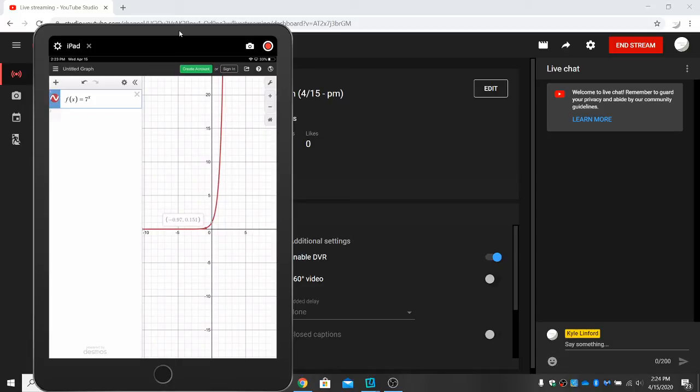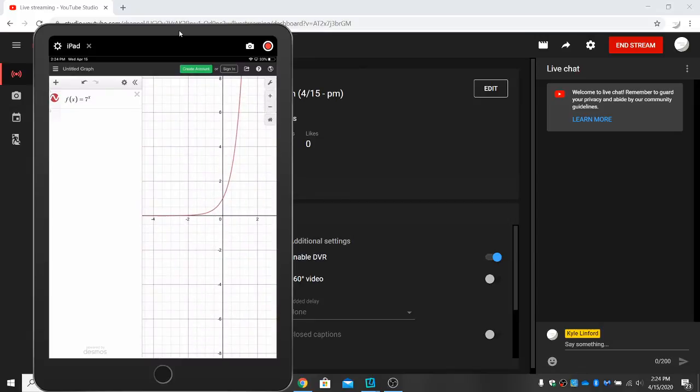Let's see. It's right about 0.143. Let me see if I can zoom in a little. Maybe that'll help. But really, we should be seeing exactly what we calculated. There we go. -1 and 0.143. So we get the exact points that we were talking about here.